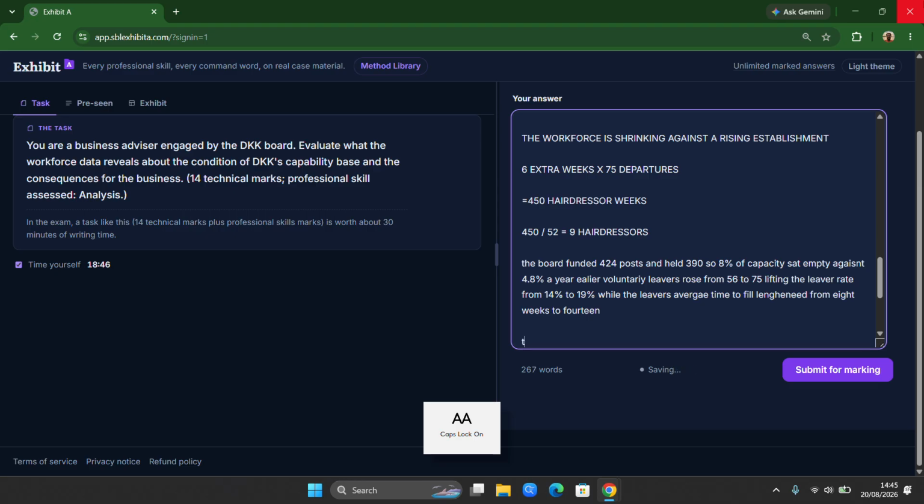Okay, once I feel I've got a mark, I'll put a space. Those two movements compound.